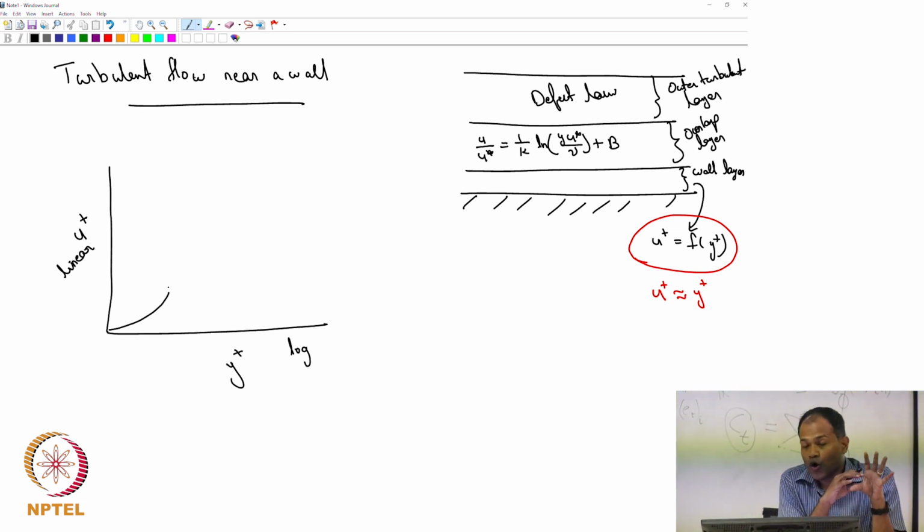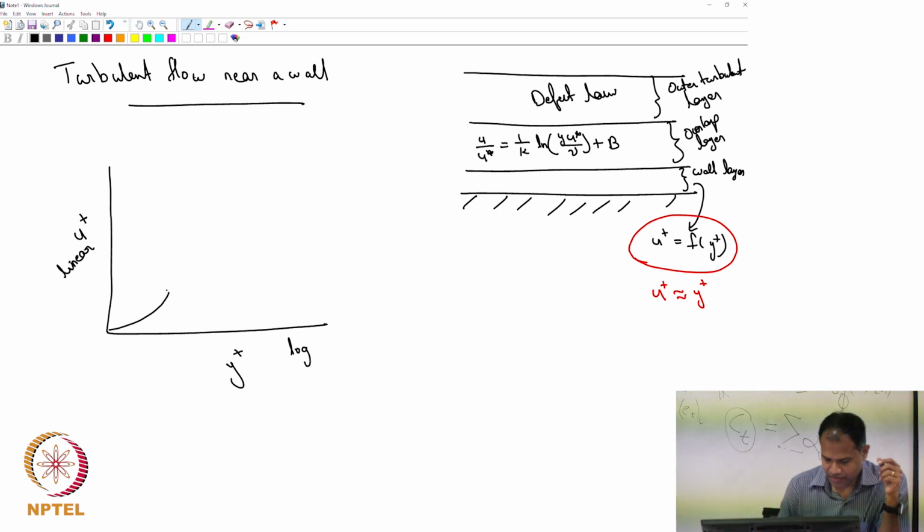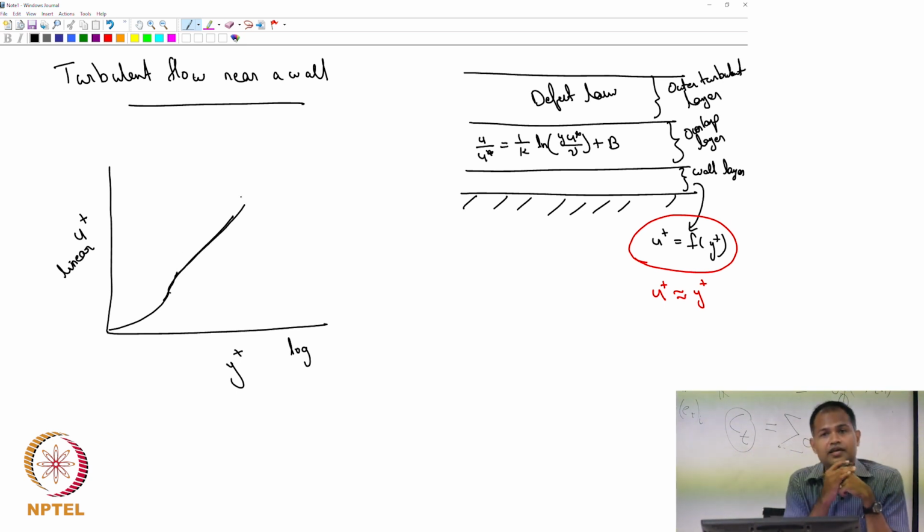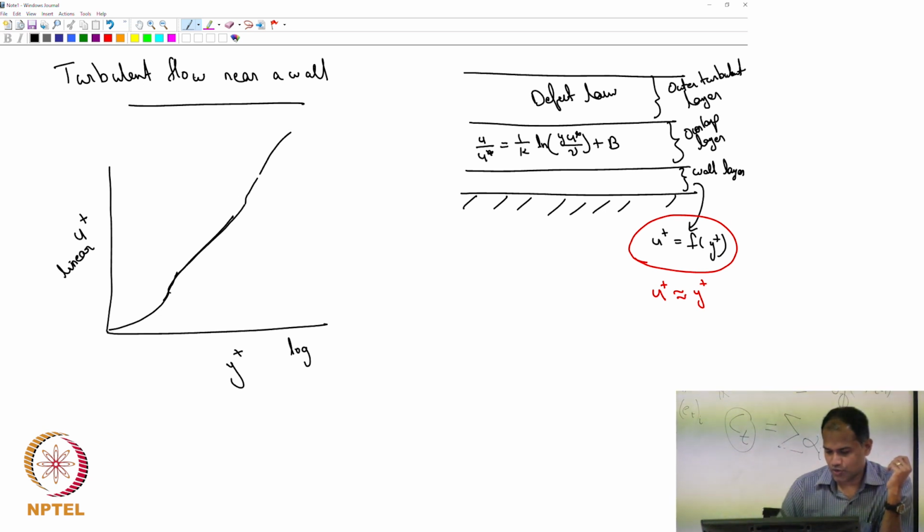Then we have the overlap layer. In the overlap layer, the law is already logarithmic, so in this plot it's going to look like a straight line, with a smooth connection. Then you will have the outer layer, which is something else.